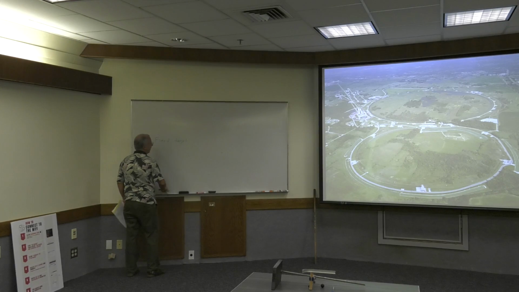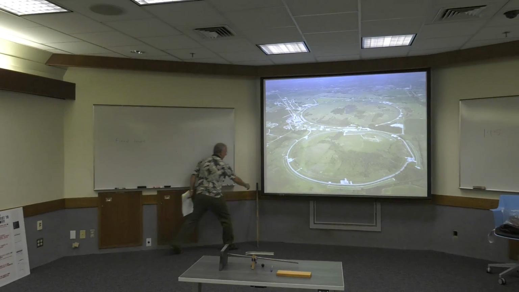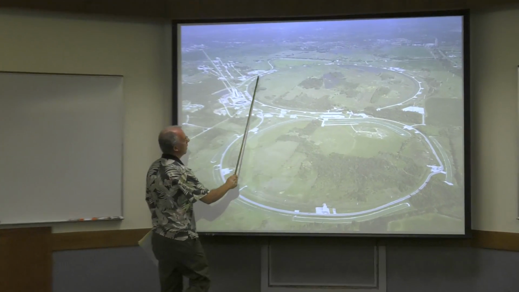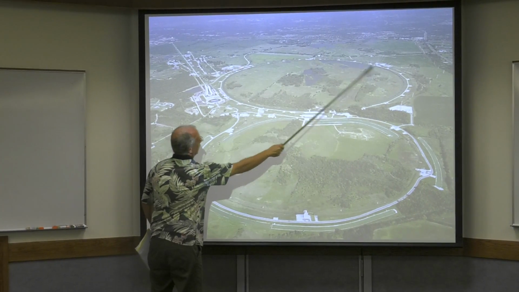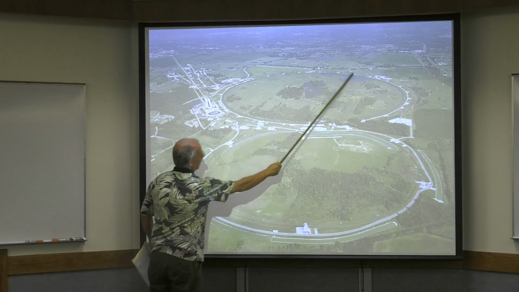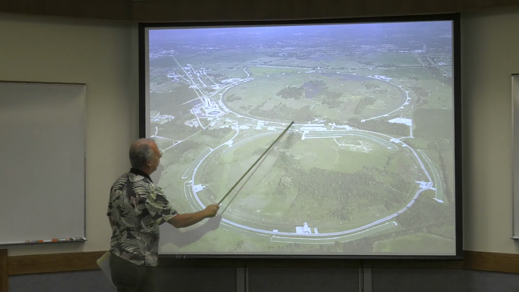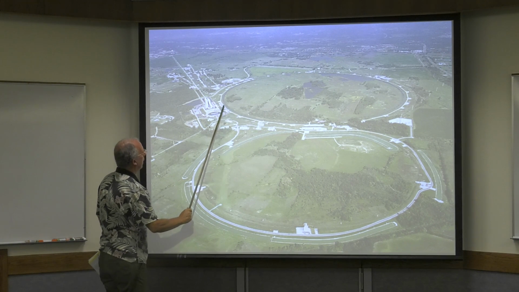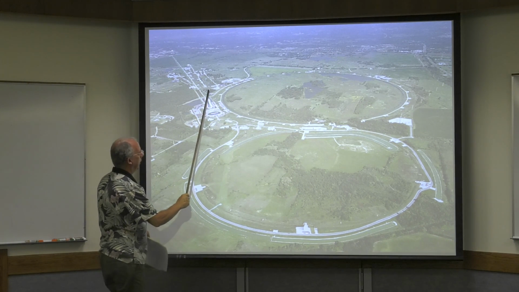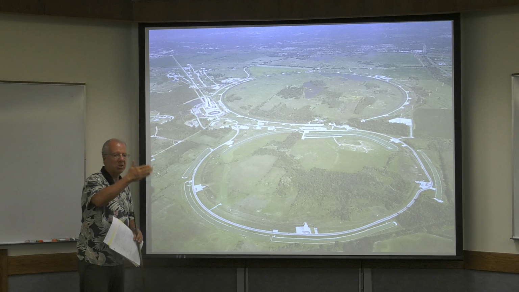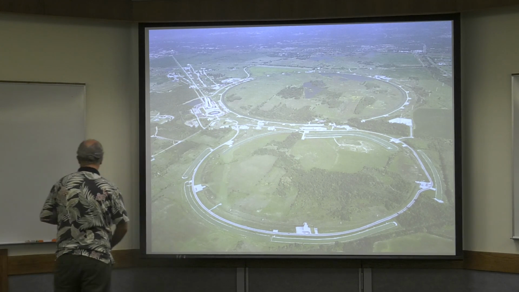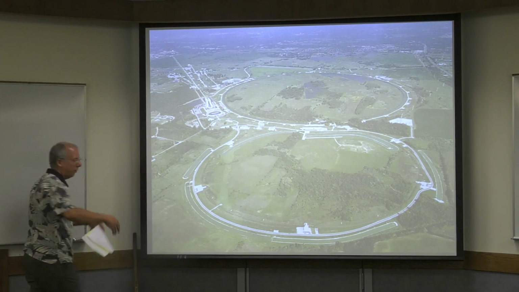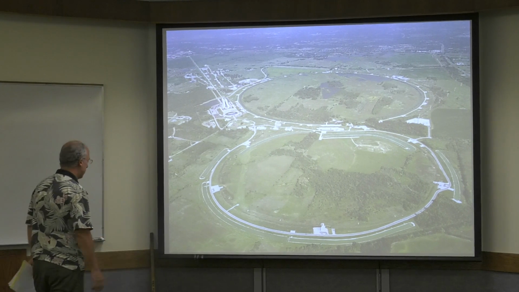So you have the protons being accelerated to nearly the speed of light, and then they would be extracted from the beam, and they'd go this way, and they would hit a fixed or stationary target. And then all sorts of cool things would happen, all right? So that's called fixed target.